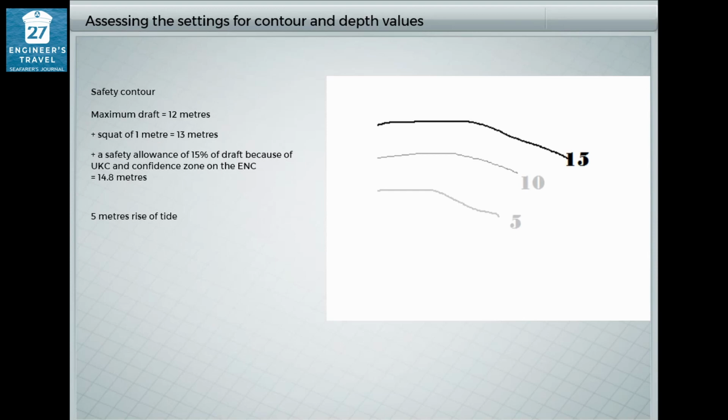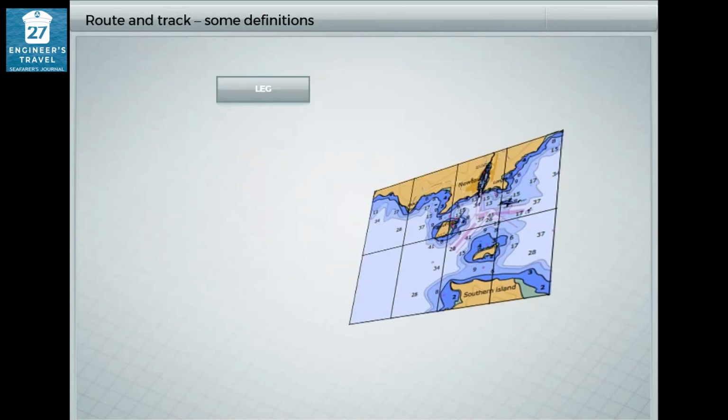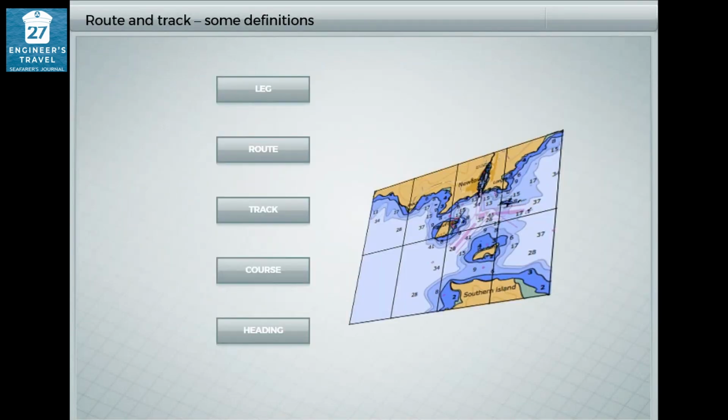With a 5-meter rise of tide, the safety contour could be set to 9.8 meters, with the ECDIS using 10. The text shows a summary of the calculation. There is much confusion and often misuse of words representing lines on a chart and vessel movement.